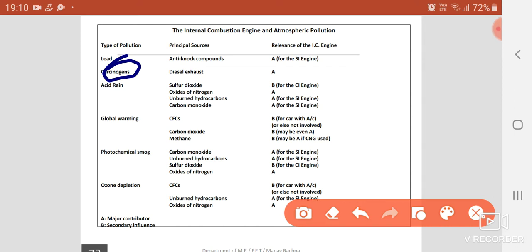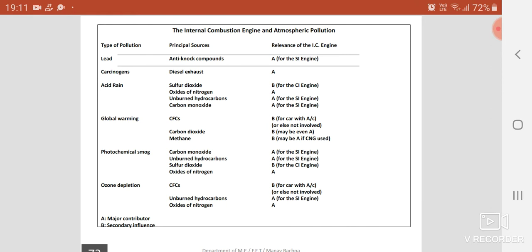This comes from diesel exhaust, and it is a major contributor. Carcinogens means it produces cancer within people, so it is dangerous. You can understand that. And for that reason, diesel car is getting a strict no-no in different places. In Delhi also, they are banning diesel car by the day. So that is what is to be seen.